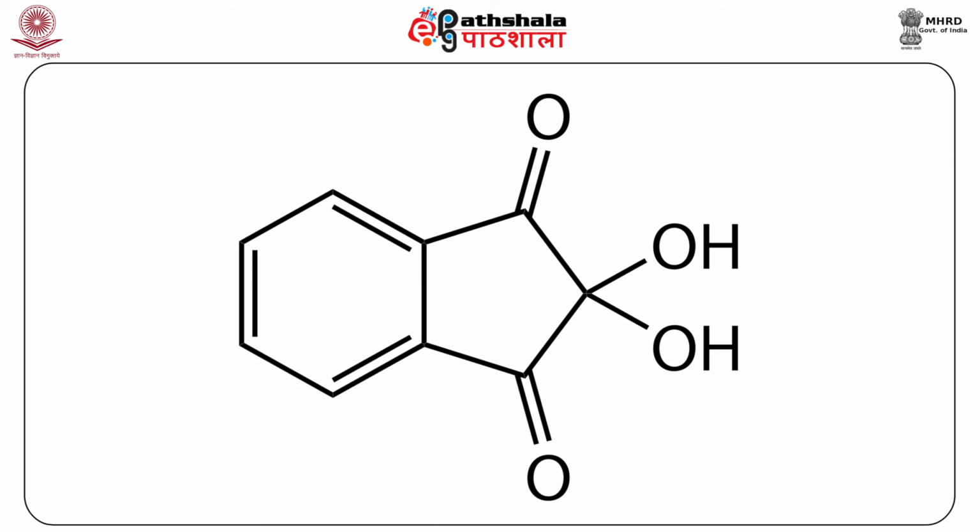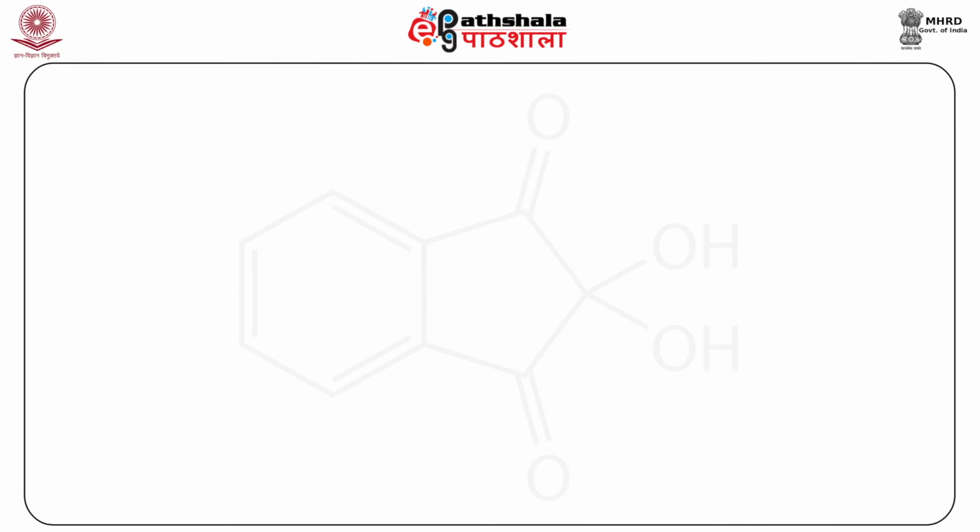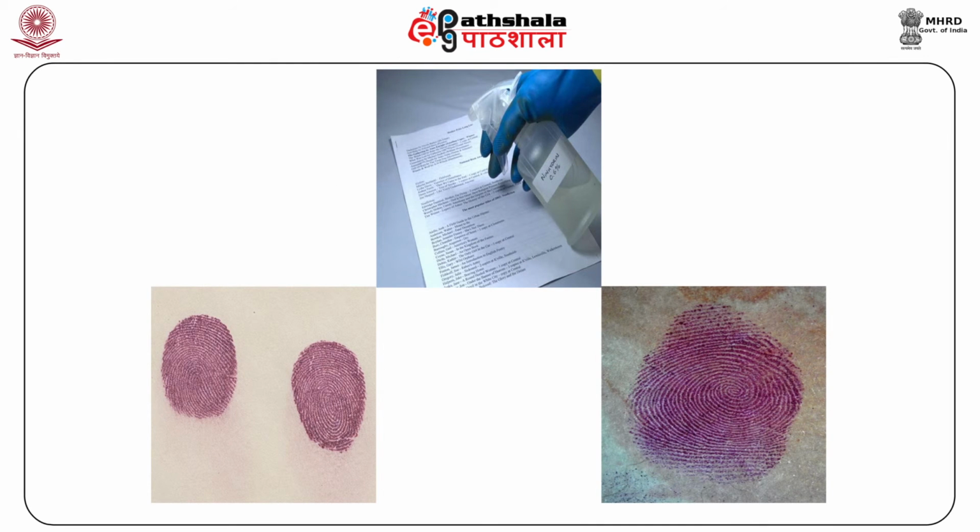The method relies on the reaction of ninhydrin, the structure of which is depicted in the given figure, with amino acid content of fingerprint residue. The reaction produces a purple colored compound called Ruhemann's purple, which becomes deposited along the ridges, making the latent prints visible.